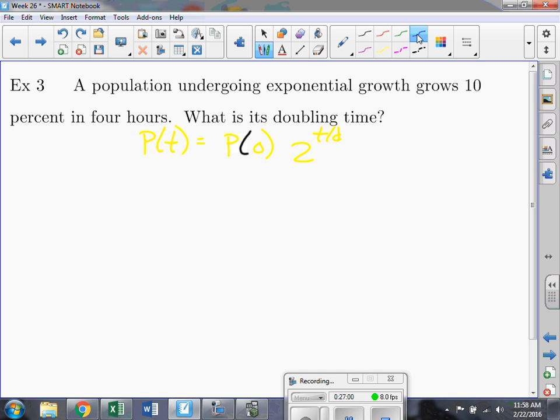Devin, you quickly told me 1.1. Okay, 1.1, an increase, if it has grown 10%, that means it is a 10% increase. The original amount was 1, and 10% more is 1.1.